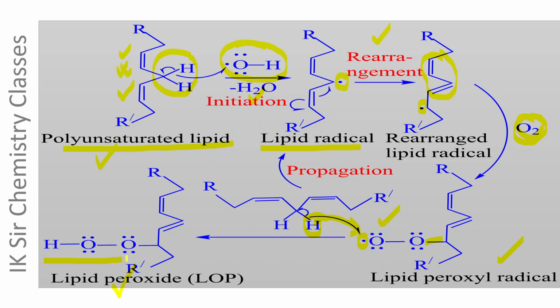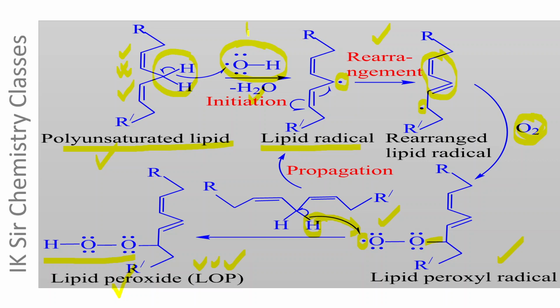This is lipid peroxide, lipid oxidation product, and during this process this lipid radical is regenerated and a cycle is completed. A chain reaction propagates. This lipid free radical again transforms into lipid peroxide, and this chain continues.